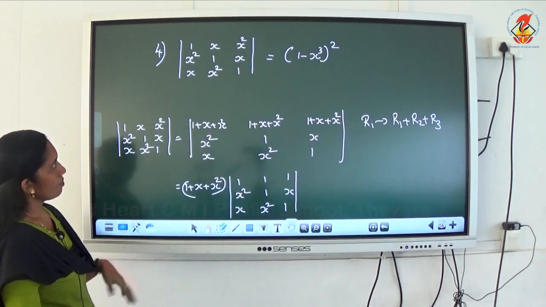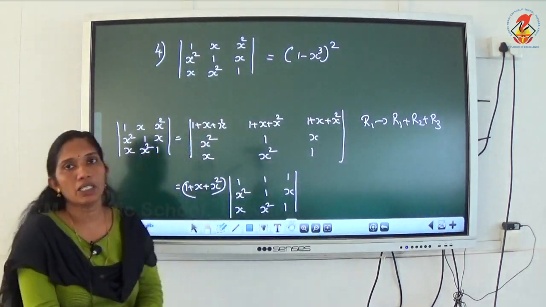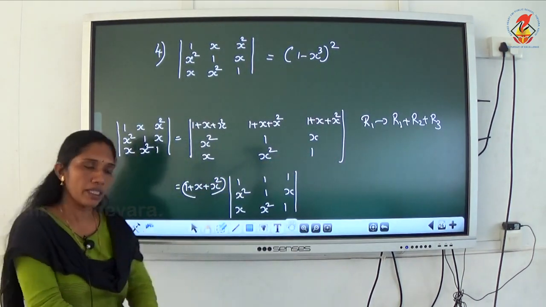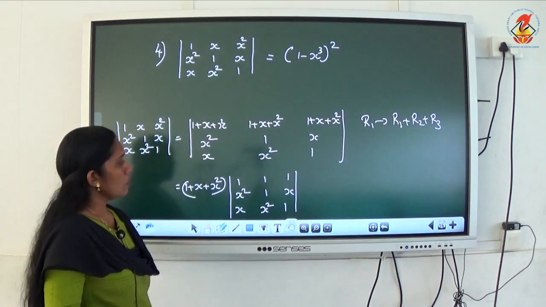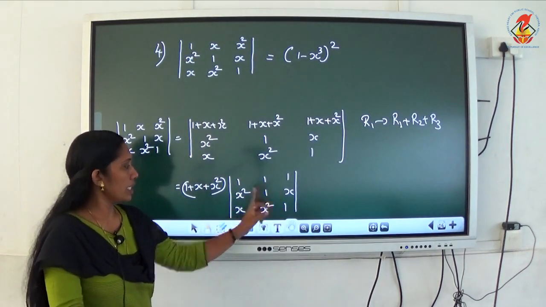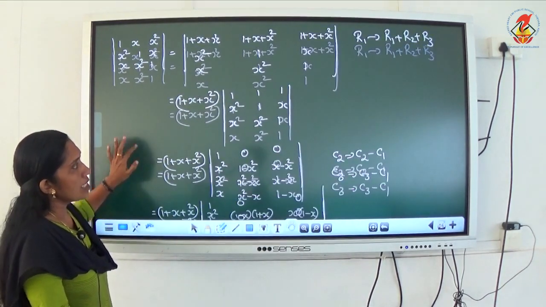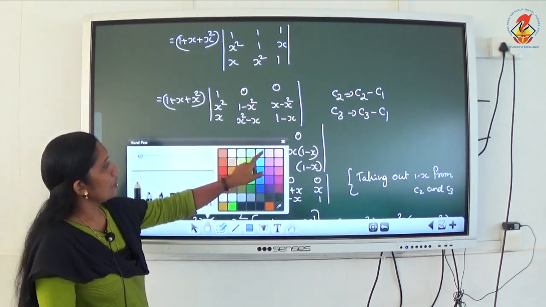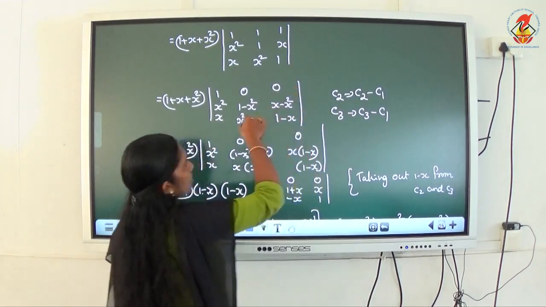So once again, first we add. R1 implies R1 plus R2 plus R3. You can do C1 also, C1 implies C1 plus C2 plus C3, same way. Then we take that factor outside. Then we subtract. If three 1s are there, two 1s you can convert to 0, one 1 you keep as itself. So C2 and C3 we change.